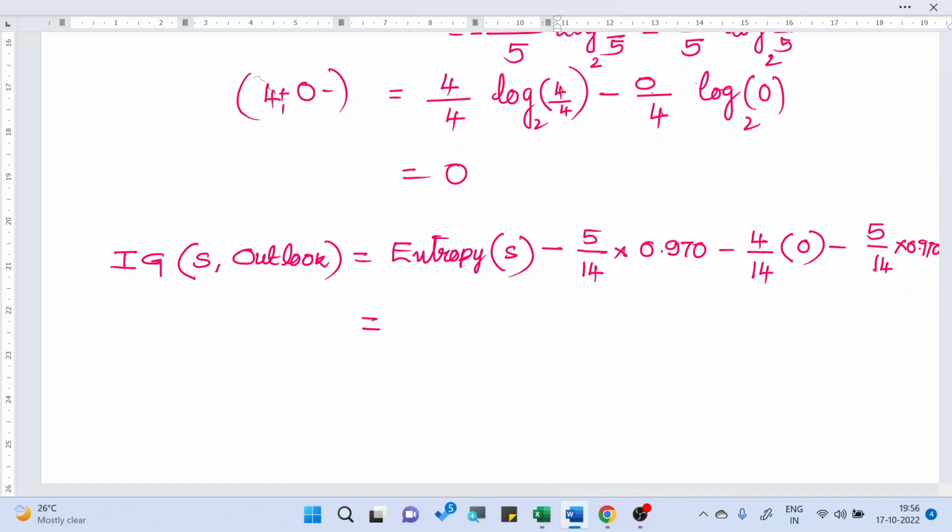So this value is, hope you will also calculate, 0.246.